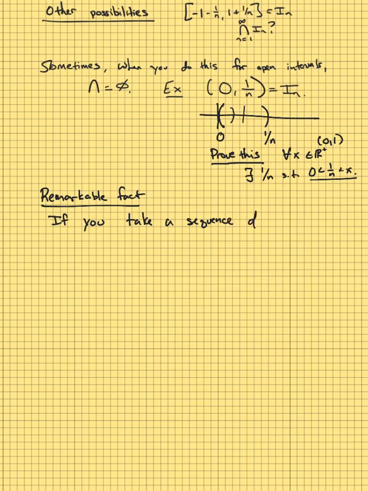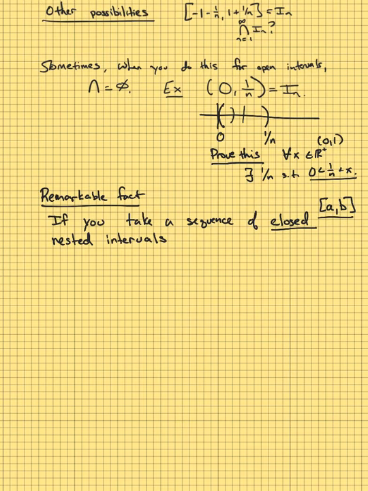If you take a sequence of closed nested intervals, I hope I probably did this without thinking about it. Closed always means where I include the endpoints. Okay, open is where I don't.